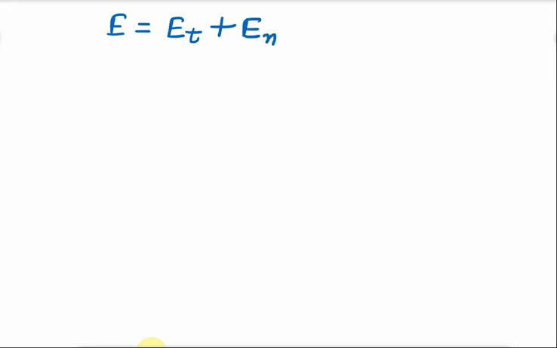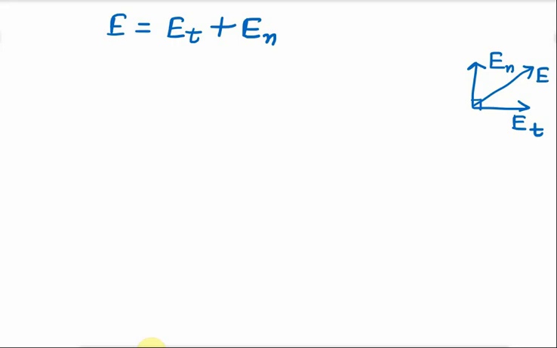T is the tangential component of E and En is the normal component. If ET is the tangential, then En is the normal, and they are orthogonal to each other, meaning 90° between them. This is the resultant E, and this E can be resolved into two orthogonal components, ET and En.